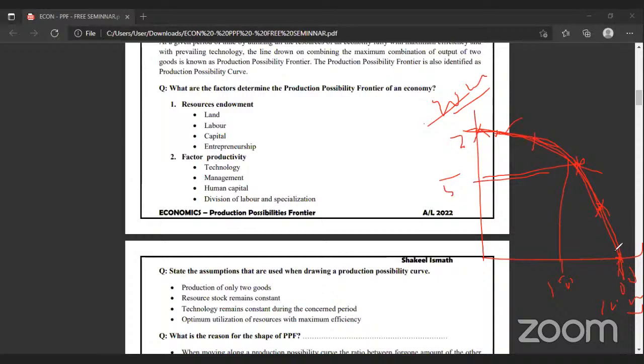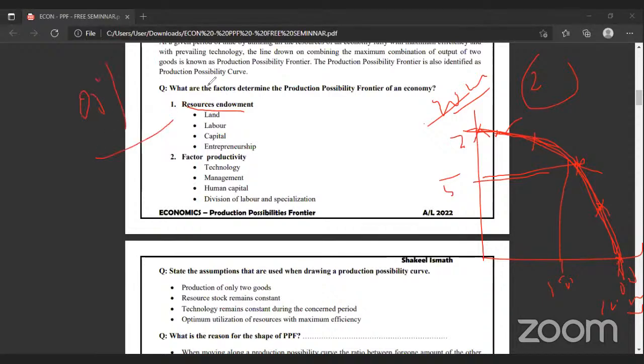To draw this PPC curve, there are 2 major factors. As I already talked about, resources availability, that we call resources endowment. Resources endowment means the availability of our resources. I said our labor resources, our capital resources, our land resources. What if Sri Lanka discovered oil?